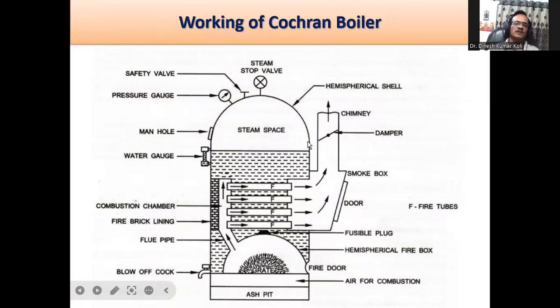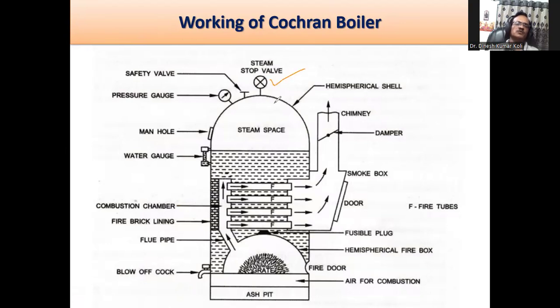Now, in this diagram, we will understand the working of the boiler. We can see here the different parts of the boiler. Starting from the top, this is the steam stop valve.